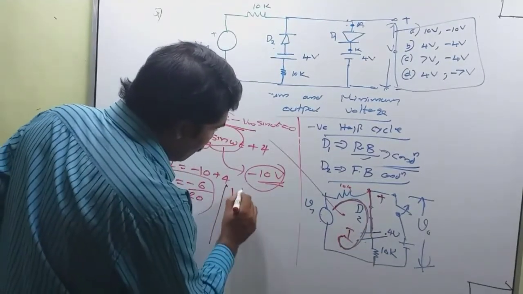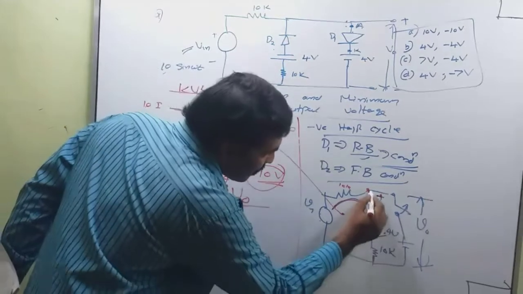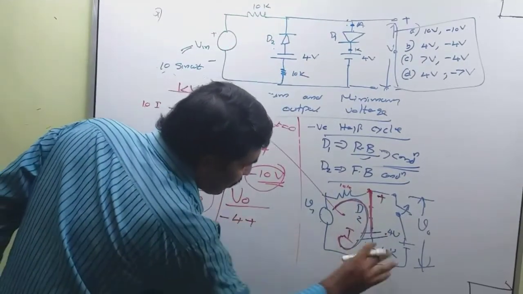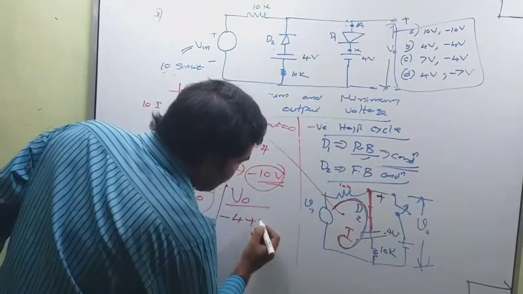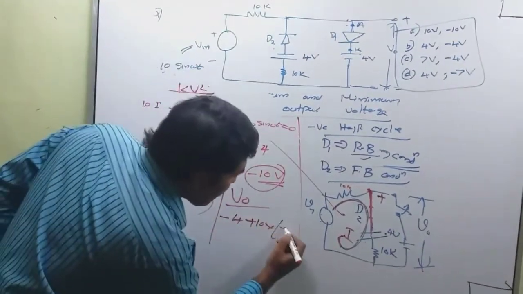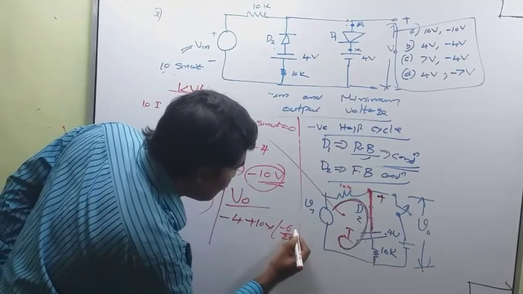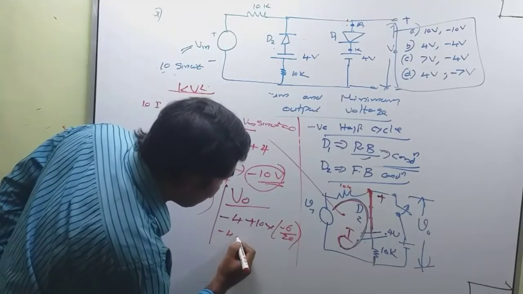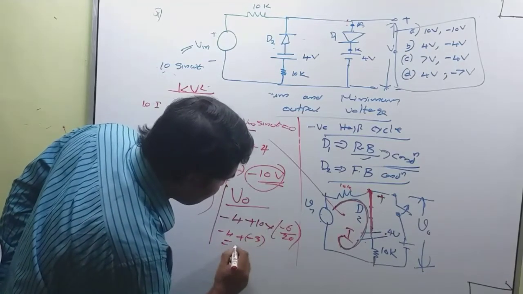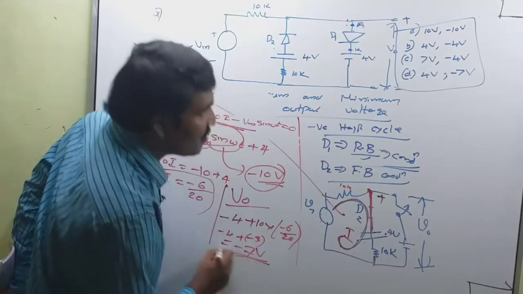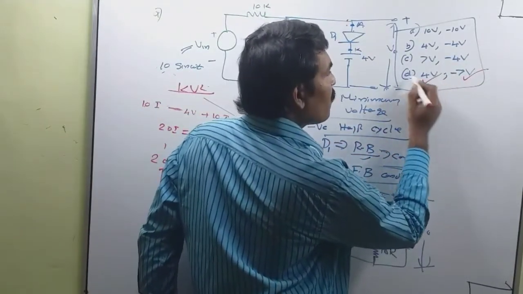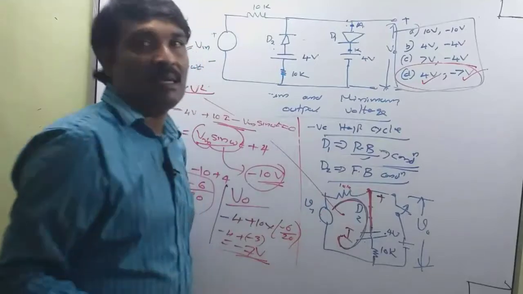So the output voltage is minus 4 plus the voltage drop across 10K, that is 10K into the current. Current is minus 6 by 20. That is minus 4 minus 3, equal to minus 7 volt. So the minimum value of voltage is minus 7 volt and the maximum value is 4 volt. So D is the correct option.